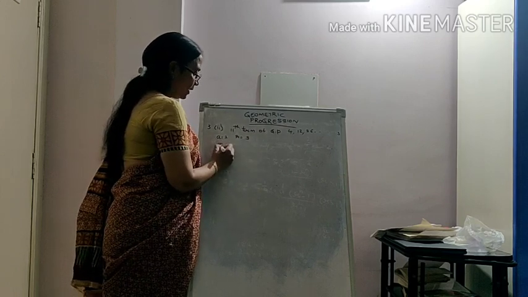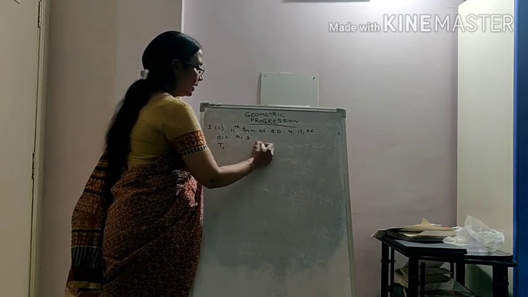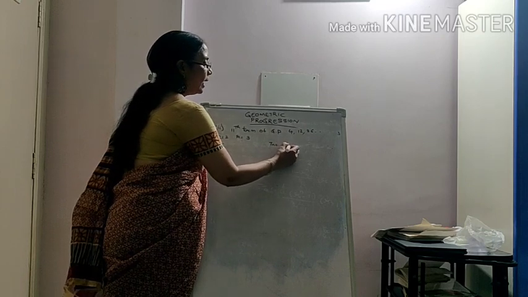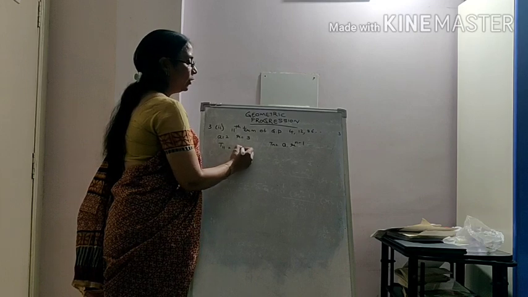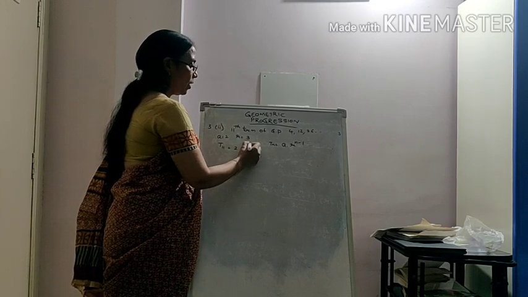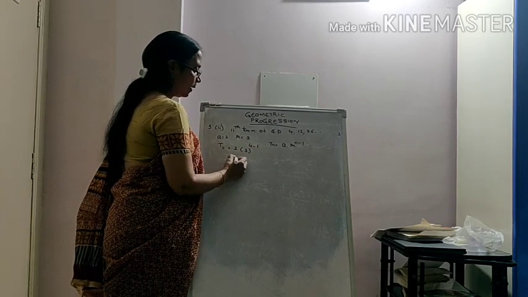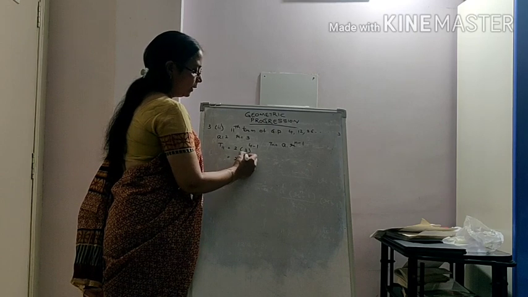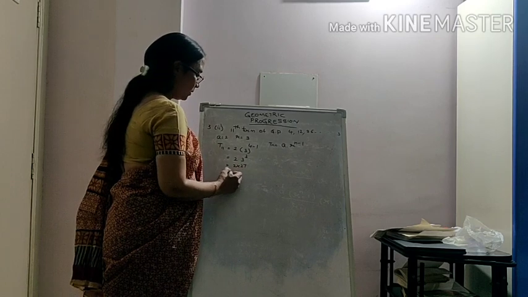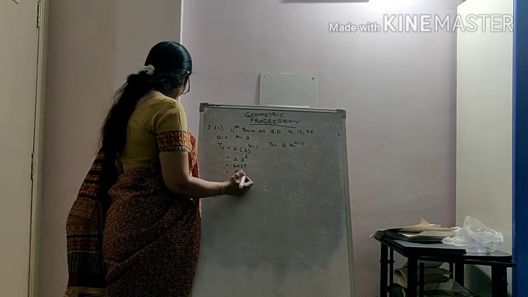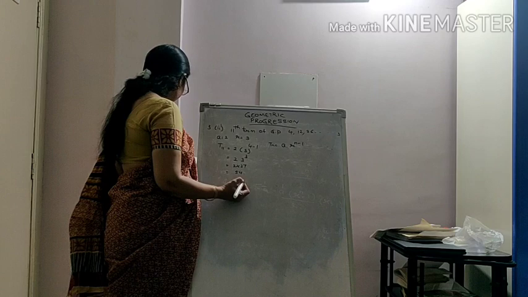He wants the 11th term. Our general term is a into r to the power of n minus 1. So 2 into 3 to the power of 4 minus 1, 2 into 3 cube. 3 cube means 27. So it is 54.